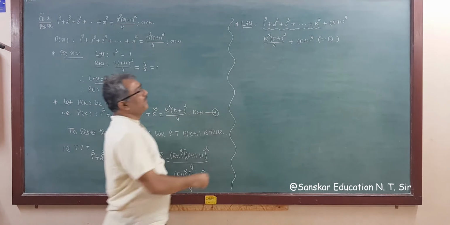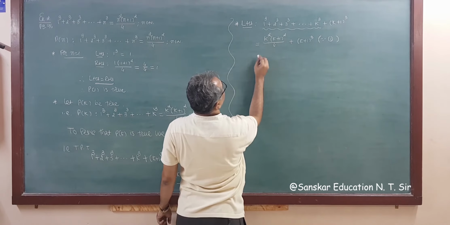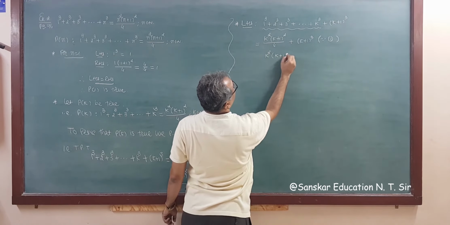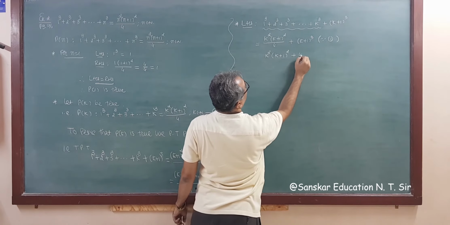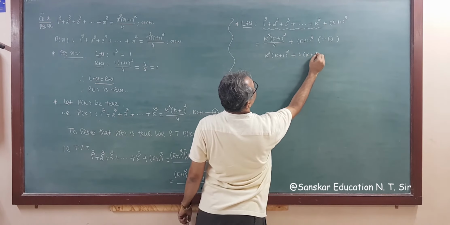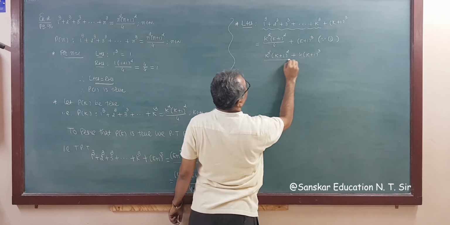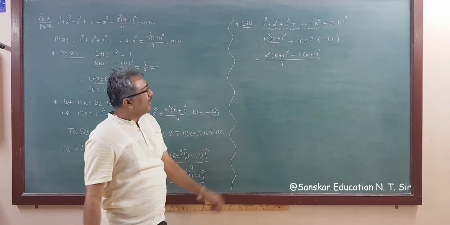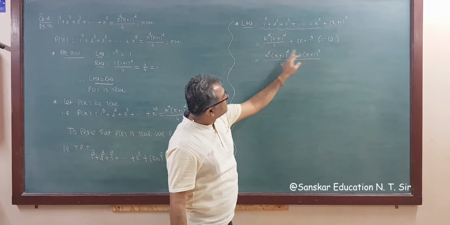Now taking LCM, what we get? This is equal to k square, k plus 1 whole square plus 4 times k plus 1 whole cube, divided by 4. Now k plus 1 whole square is common.